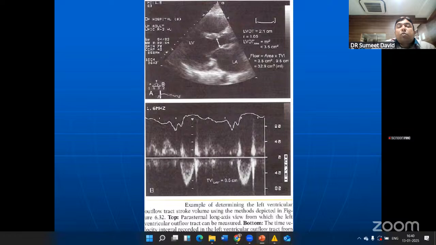So this is what the left ventricular outflow tract looks like. Here is an example of determining the left ventricular outflow tract stroke volume: you can see the parasternal long axis in which the left ventricular outflow tract can be measured, and then you can measure the left ventricular outflow tract integral.